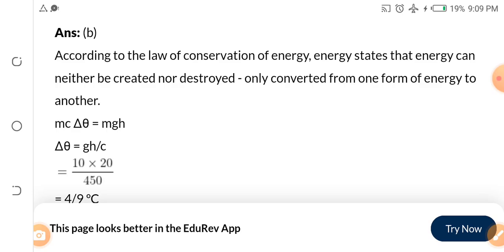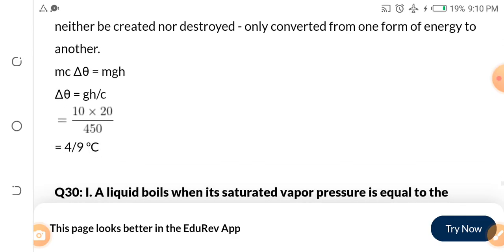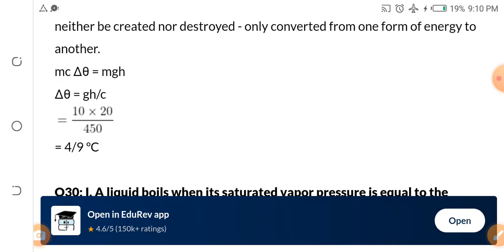So mc multiplied by change in temperature equals mgh, right? So simply substitute 10 times 20 over 450.